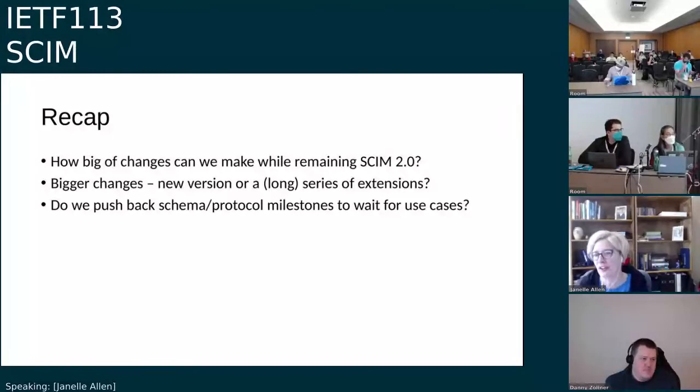That sounds more like a 3.0 thing, which is where some of the thoughts we've had have gone when we've been discussing how we just put a bow on 2.0. Should we just do light edits, say this is it, and give 2.0 the credibility it has? Lots of people have implemented it as it is, with some clarifications, fixing the errata, and some really clear use cases of how to work with the spec as it is.